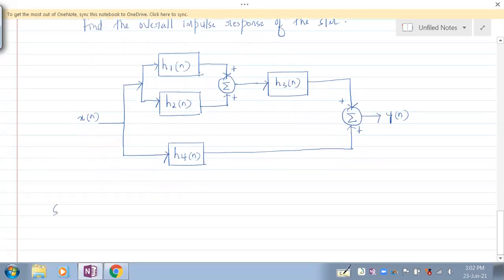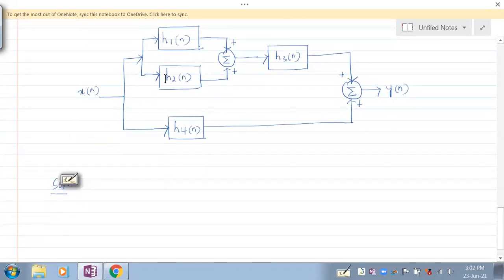Fine. In the solution, let's go on combining the impulse responses. Now, everybody just understand, since these two are in parallel, what is the overall impulse response of this system? Since the two systems with impulse responses h1 of n and h2 of n are in parallel, what would be the overall impulse response of these two systems? h1 of n plus h2 of n, because they are in parallel.